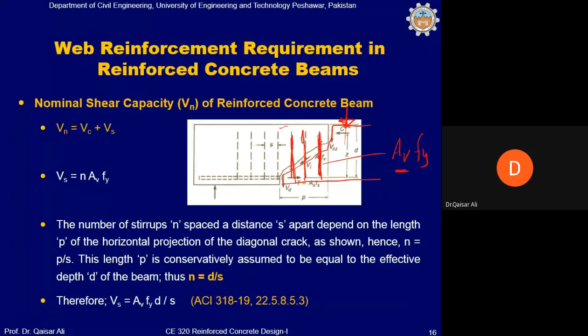If this is number 3 bar, the area of number 3 bar is 0.11, but since these are two legged reinforcement, this will be 2 multiplied by 0.11, 0.22, and fy is the yield strength of steel. Okay, this will be the resistance offered. So Vs, which is the resistance of steel, will be equal to Av fy, but it will depend on the number of stirrups across the cracks.